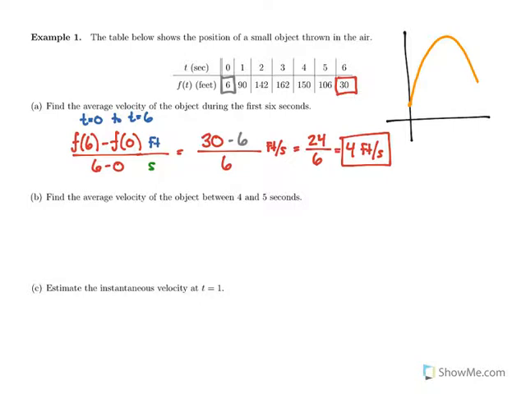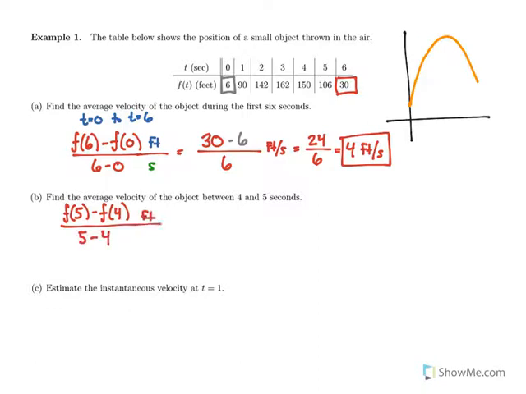So next question, find the average velocity of the object between 4 and 5 seconds. So let's do f of 5 minus f of 4 over 5 minus 4.